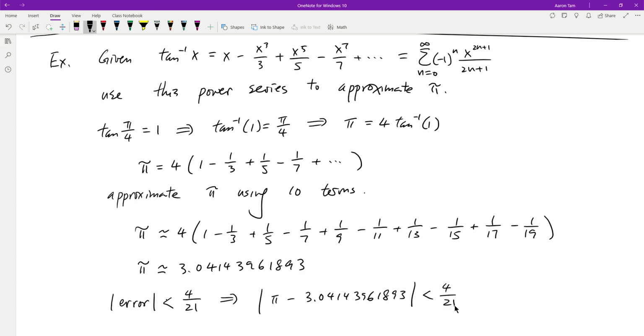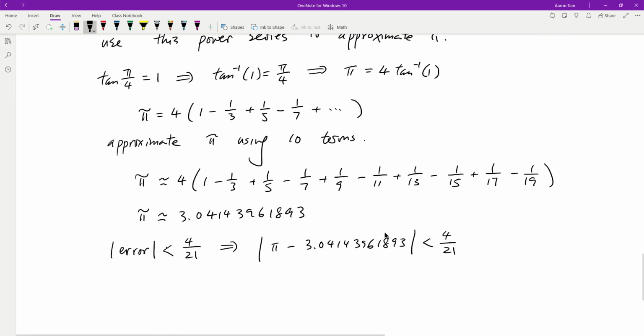Now you might be thinking, where did the 4 over 21 come from? Well, that's called the alternating series error bound.